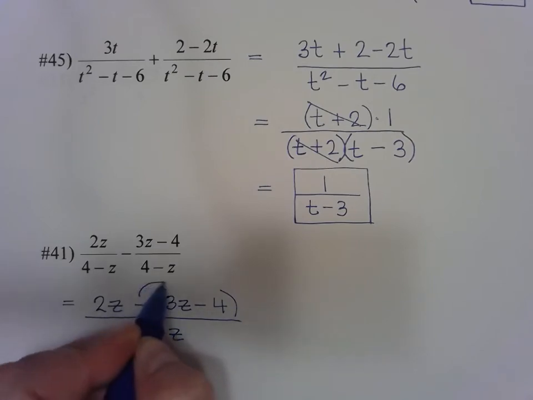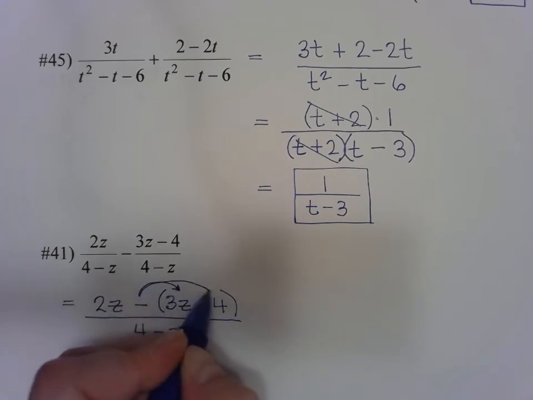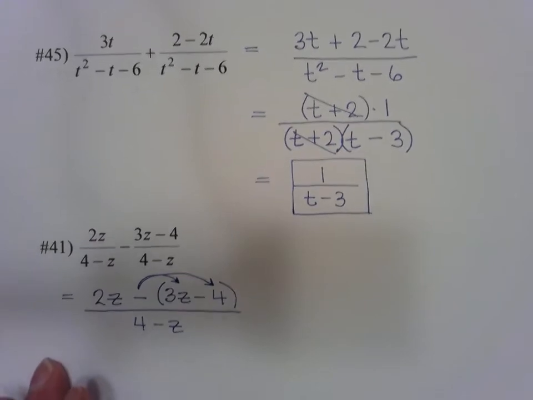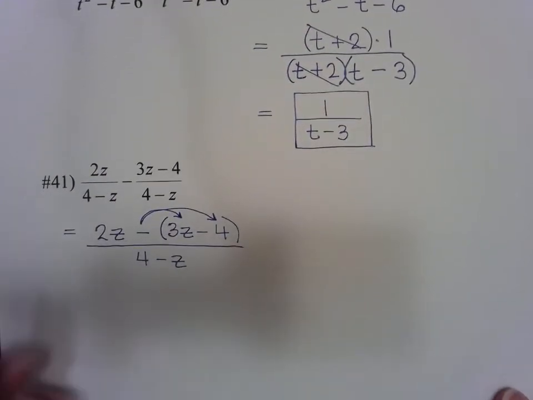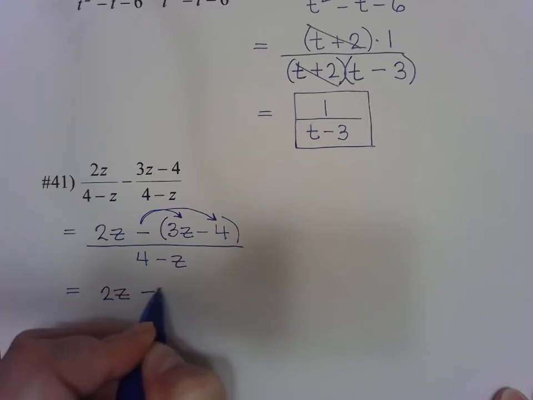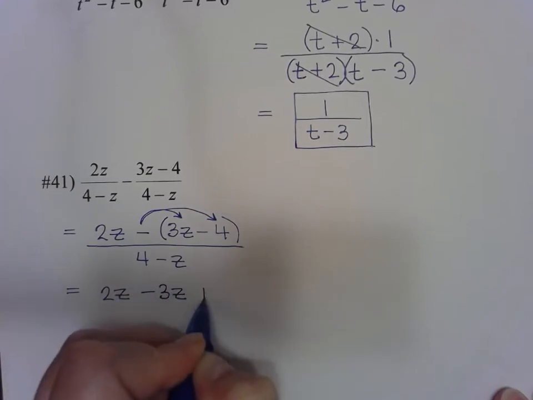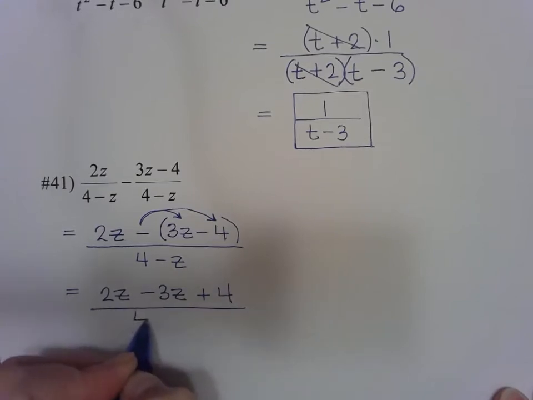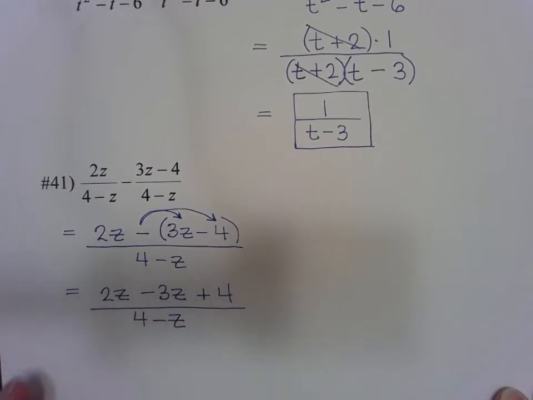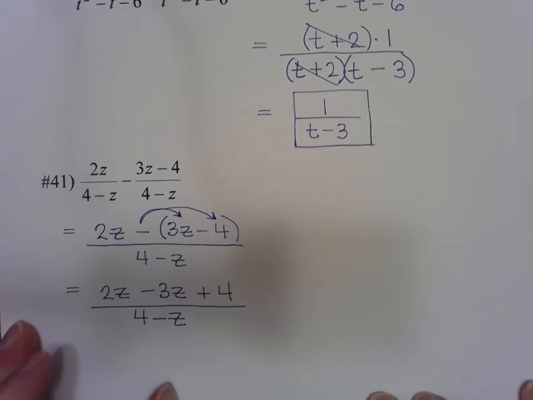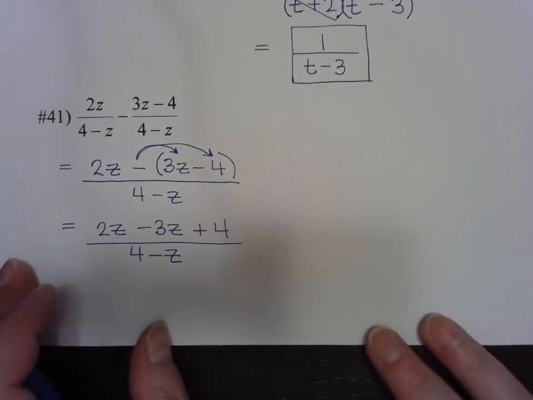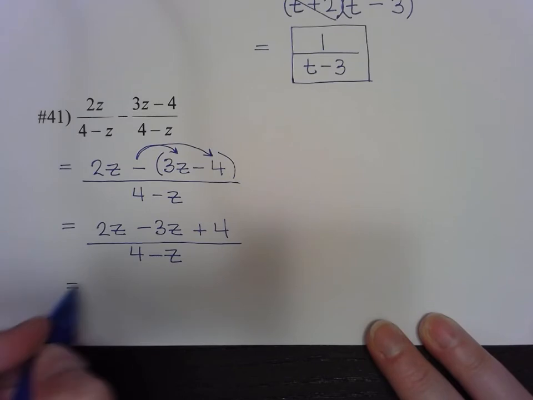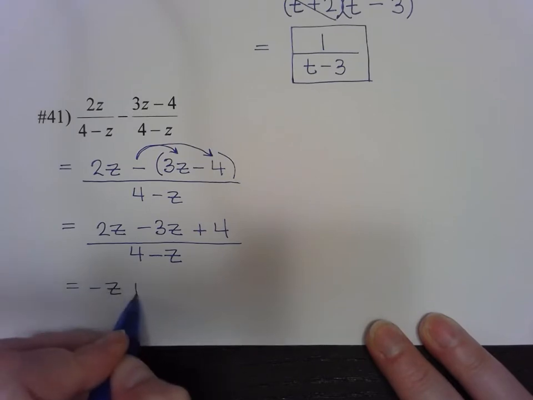So I'm going to distribute the negative. That's going to become 2z minus 3z plus 4. Okay, and that's the same as -z plus 4.